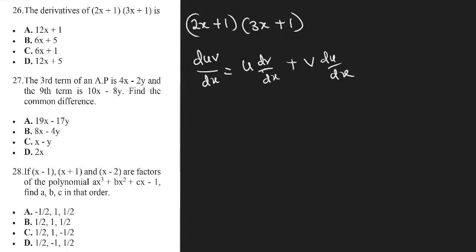So we're going to use this formula now to find the derivative of this. With this one now, we'll say let our u equal this first part, which is 2x plus 1, and v is equal to the second part, which is 3x plus 1, right?